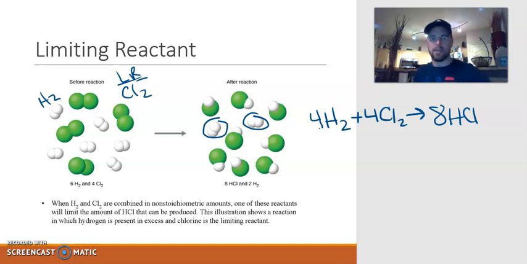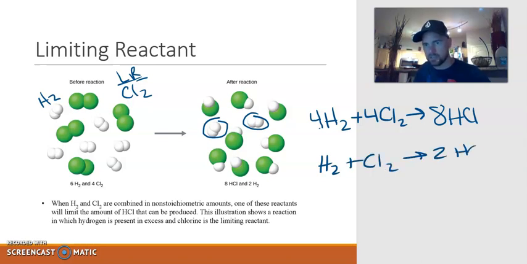And that makes sense because, look, everything's balanced. You have 8 hydrogens and 8 chlorines. But we're not done yet because this is not reduced to the lowest whole number ratio. 4, 4, and 8 is not the lowest whole number ratio. We can reduce that further to H2 plus Cl2 yields 2 HCl.